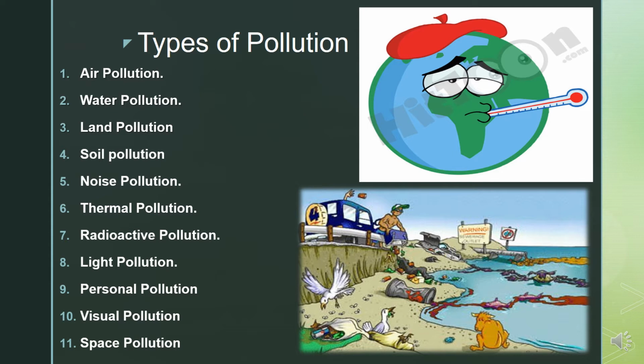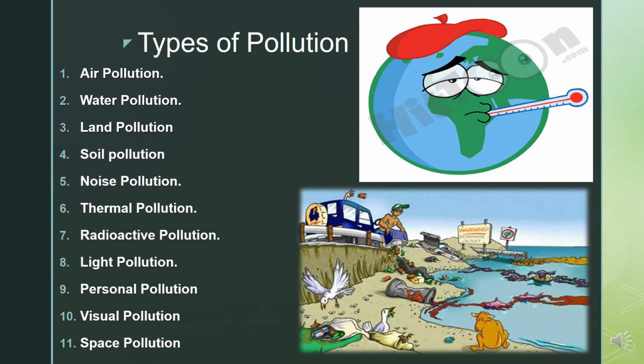Seventh is radioactive pollution, which can be defined as the release of radioactive substances or high energy particles into the air, water or earth as a result of human activities, either by accident or design. Next is light pollution.